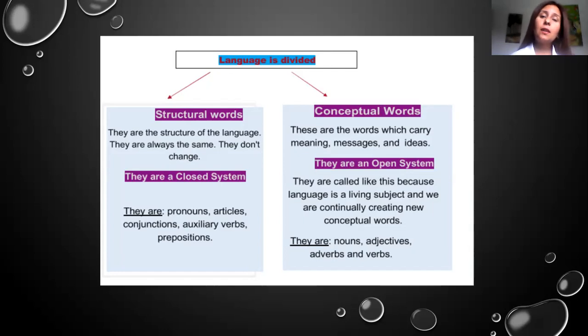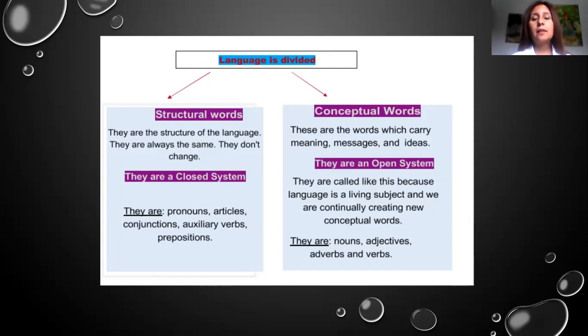And then you see the second group is the conceptual words. These are the words that carry the meaning, the message, and ideas of the language, okay? And they are also known as the open system, okay?